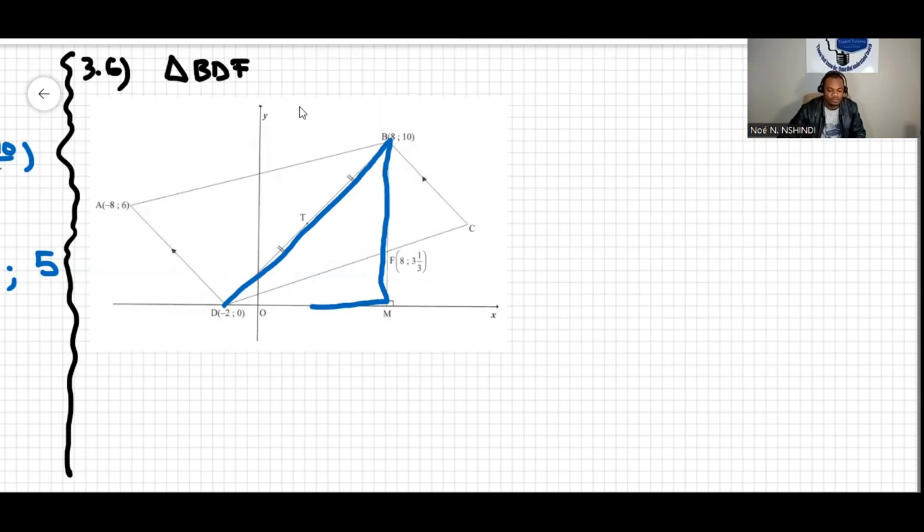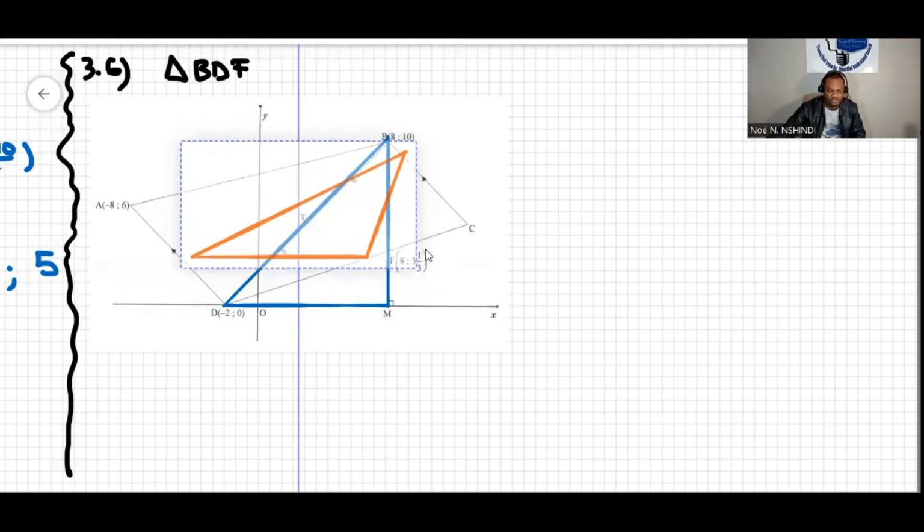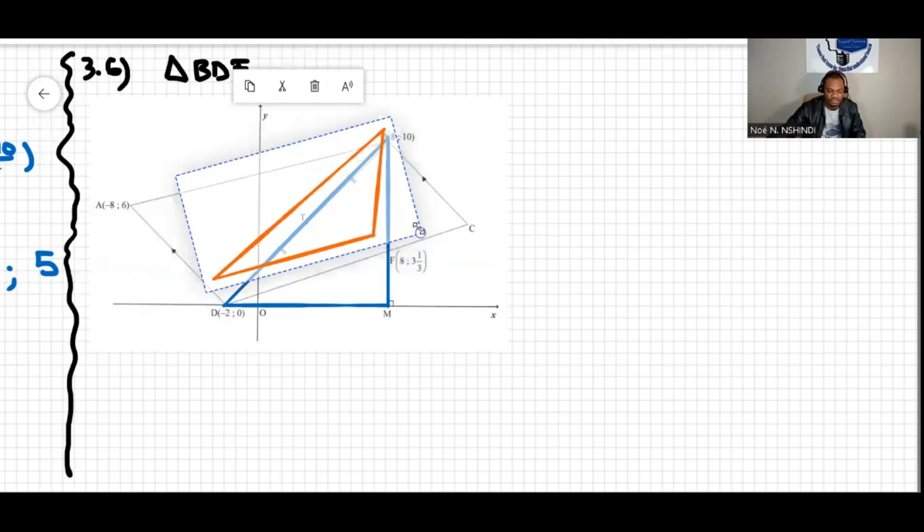The triangle BDM, okay? And then in the triangle BDM, we have two triangles. We have the triangle, this one, which I'm struggling to draw to really show over here.